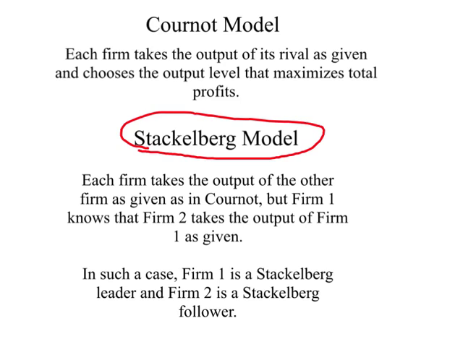But the only difference between Stackelberg and Cournot is that firm 1 knows that firm 2 will take the output of firm 1 as given. So in a way, if you are able to understand or guess the behavior of your rival, you can get into their mind. That will make you a smart person or a leader person.